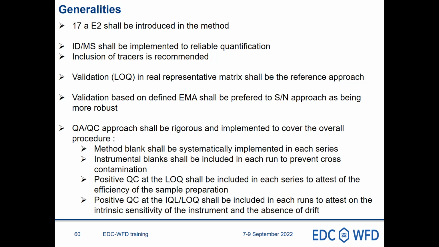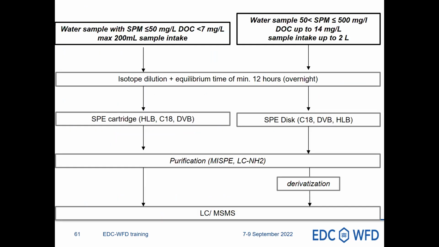Positive quality control at the instrumental quantification limit and/or LOQ should be included in each run to attest to the intrinsic sensitivity of the instrument and also the absence of drift during the runs. Here, this is our view of what could be the golden way to make these very low level measurements of estrogens.